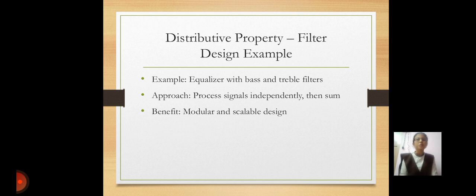Due to this property, we can design and tune each filter separately, and later add them, making the system modular and easier to manage. The major benefit is this modular and scalable design. We can approach the signals independently and then add them to get the output. And the next property is the associative property.